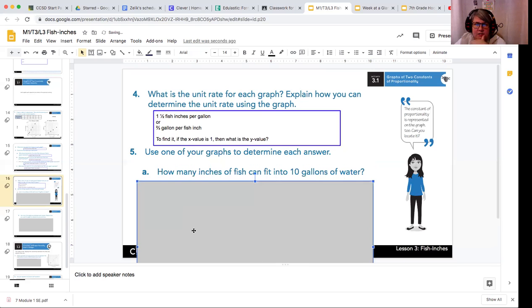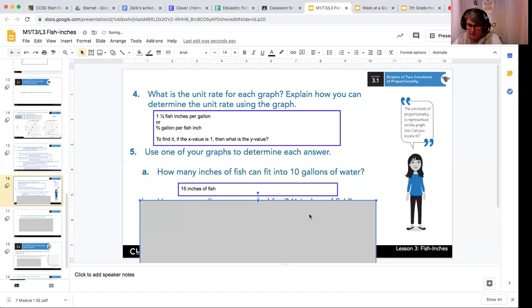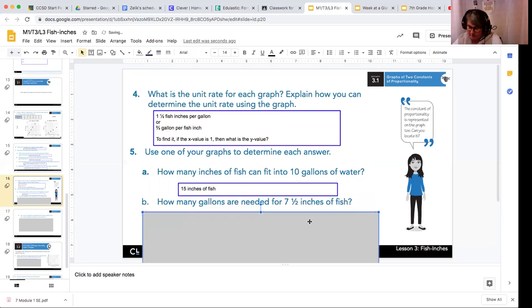So how many inches of fish can fit into 10 gallons of water? How many? If you said 15, you are correct. 15 inches of fish. And how many gallons are needed for 7.5 inches of fish?